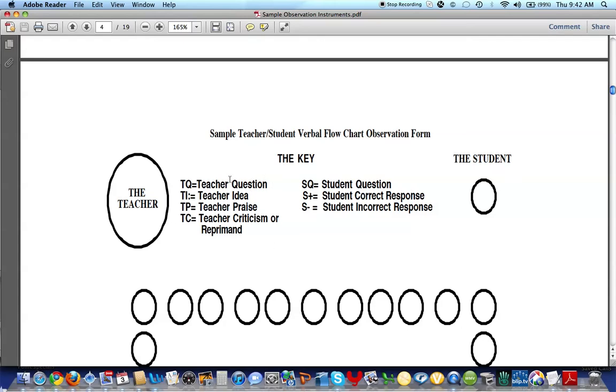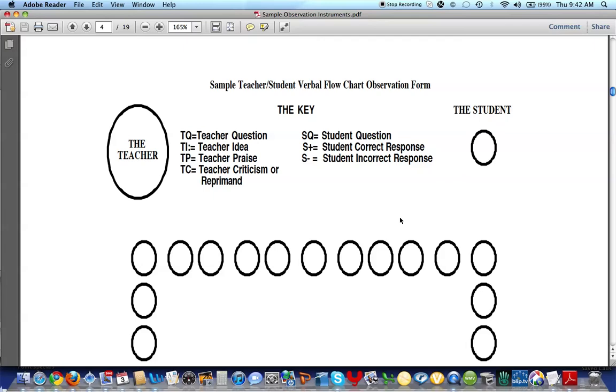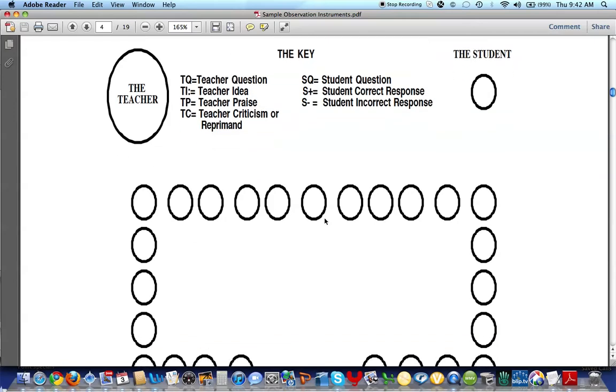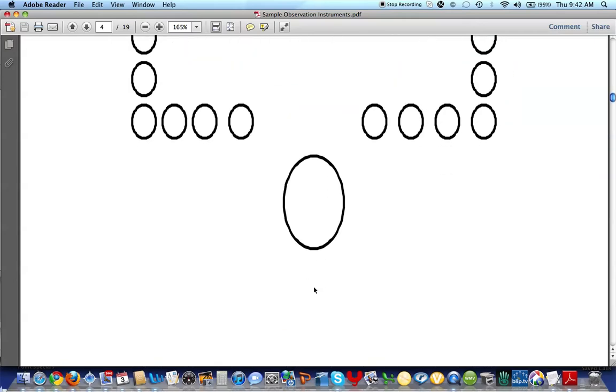So TQ would represent teacher question, teacher idea, teacher praise, teacher criticism or reprimand, student question, student correct response, student incorrect response. Again, these are observation instruments designed to assess the flow of communication between the teacher and the student and students. And you can create your own key if you like. So here's a classroom, here are the students, and here's the teacher.